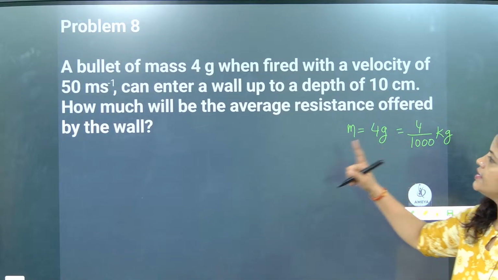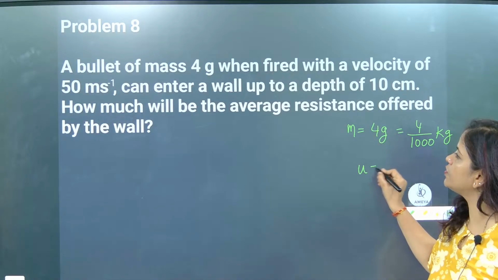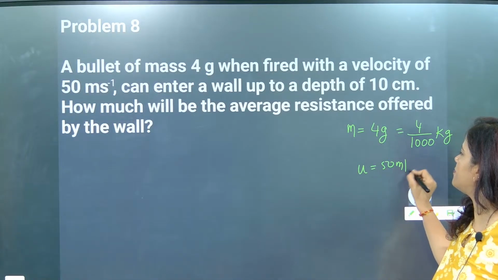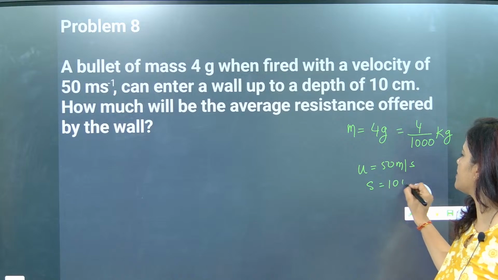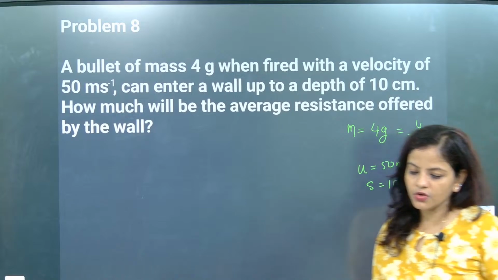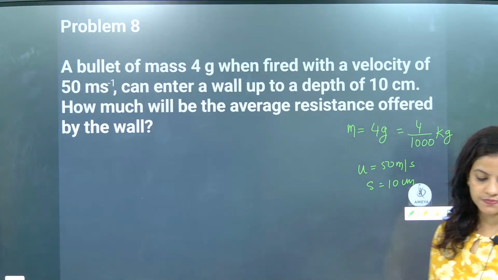So here, initial velocity u is equal to 50 meter per second. And the displacement given is 10 centimeter. I hope, children, you can solve this question. Try out this question.